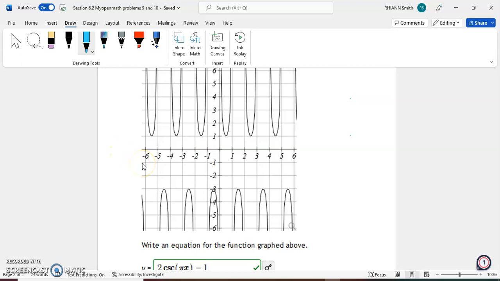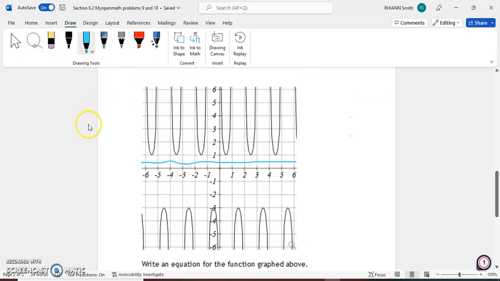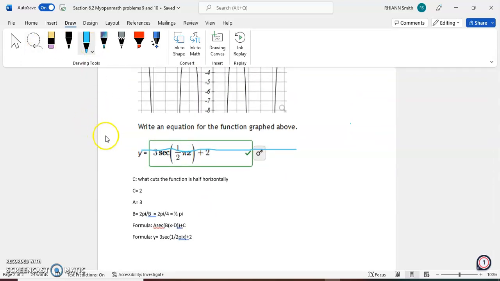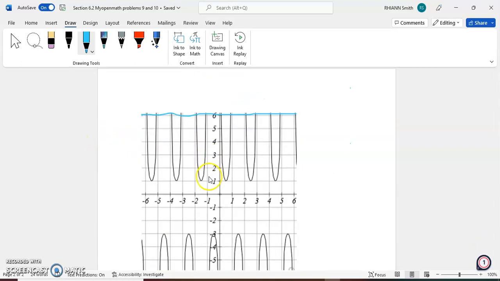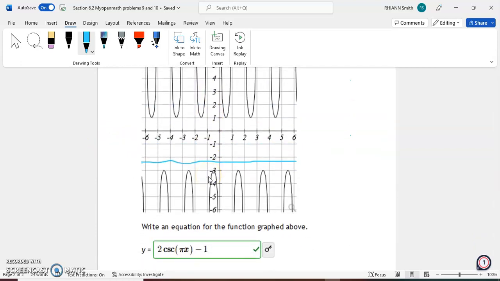Okay, so after taking a bit of time, I finally figured out that the midline is going to be at -1 because it's the same distance from these humps and this hump. And we can tell this is a cosecant graph because these humps are a lot skinnier compared to the one from number 9, which is a secant graph.